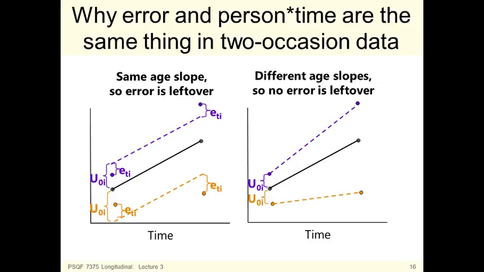So either you believe that everybody changes the same, and you have some remaining variability for whatever reason over time, or you believe that everybody changes differently, and you've perfectly captured that change. Six of one, half dozen of the other. With two occasion data, you cannot differentiate residual error, unexplained variability over time, from individual differences in change. So E is person by time.